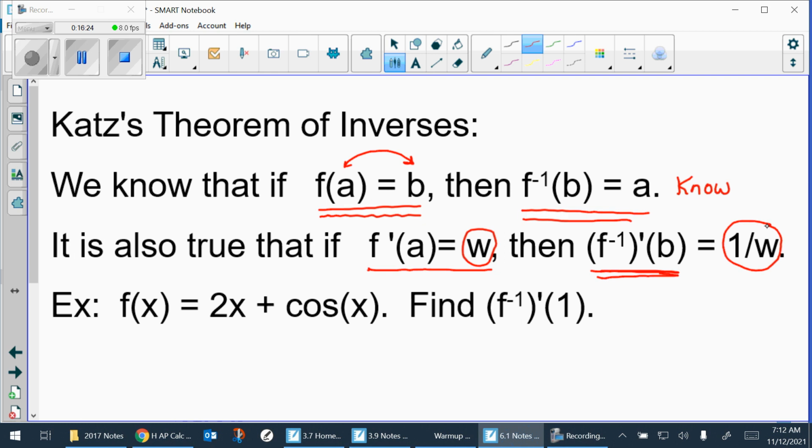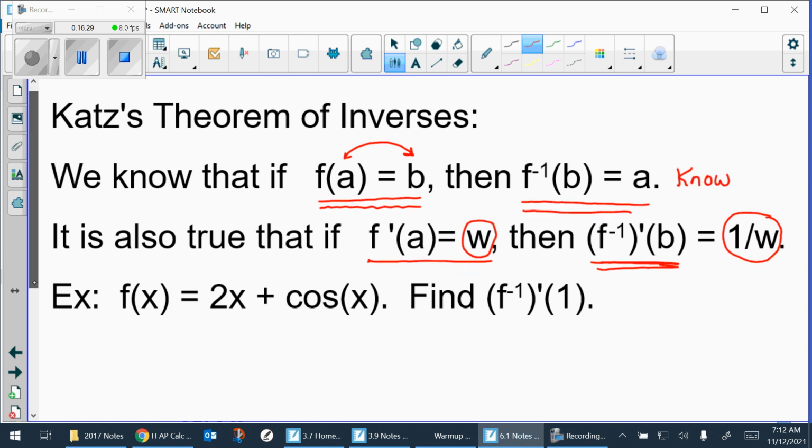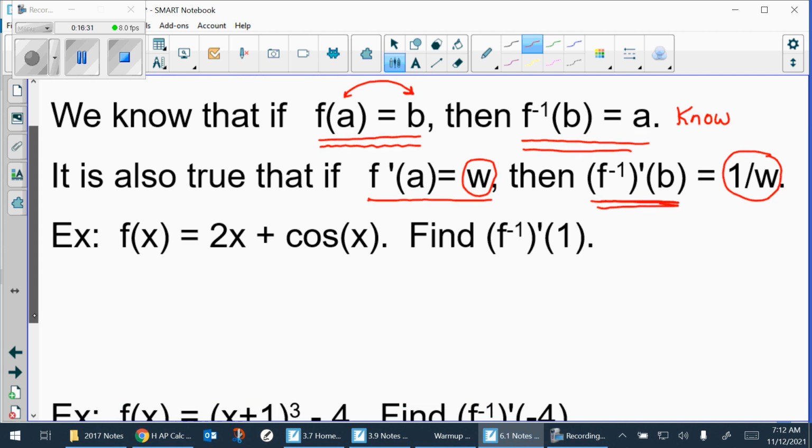What? Well, let's see what that looks like. Now, our job is to find the derivative of the inverse at 1. And I'm going to tell you that this method I refer to as the horseshoe method.